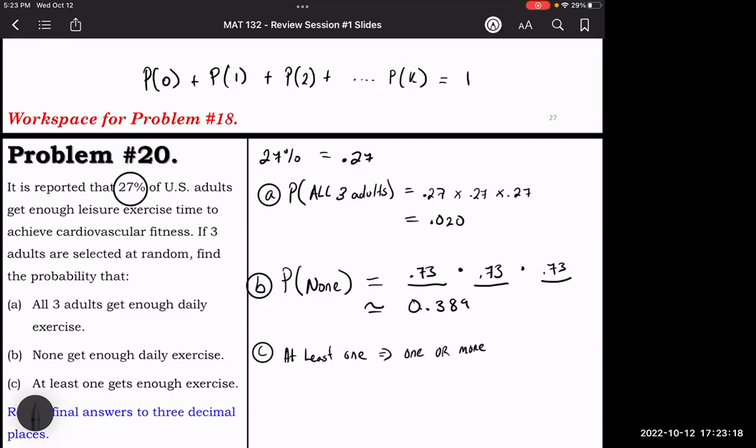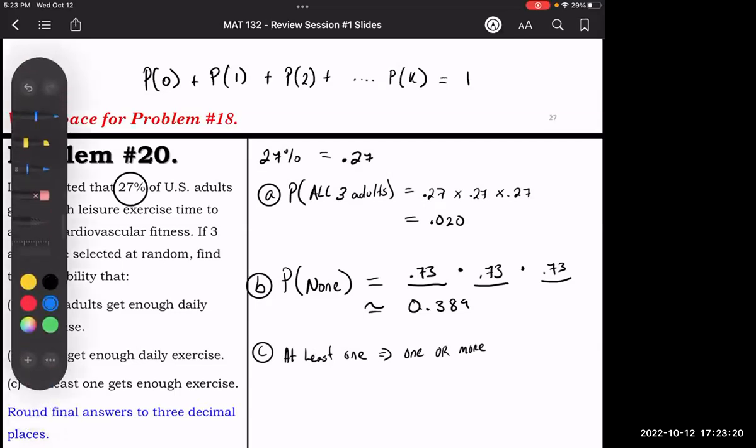So if you want to compute the probability of 1 or more, meaning at least 1, then I can rewrite this as follows. I can say the probability of 0, meaning that it never occurred, plus the probability of at least 1 is equal to 1.